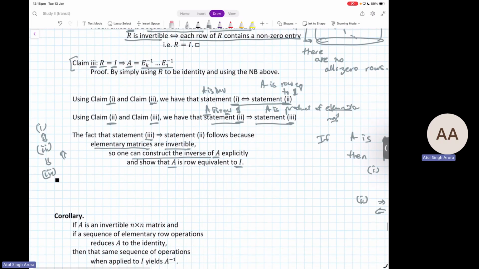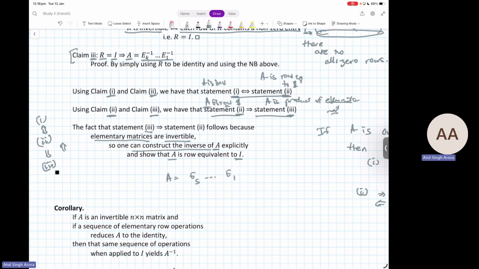So what this is saying is that A was basically this, Es to E1, a product of elementary matrices, right? And we know elementary matrices are invertible, so you can explicitly just multiply by Es inverse, whatever, E1 inverse, A, and this will give you identity, because we already established that elementary matrices are invertible.